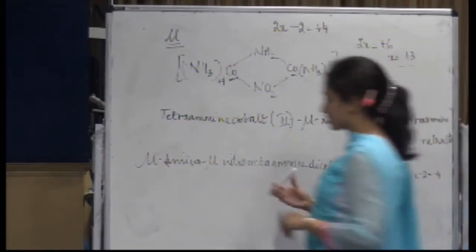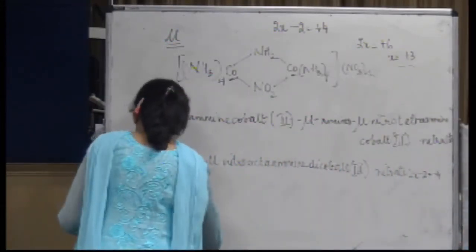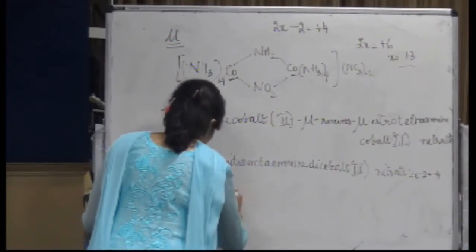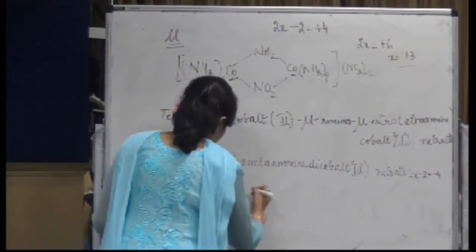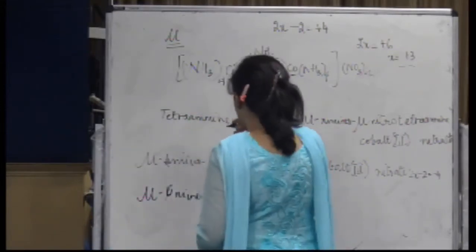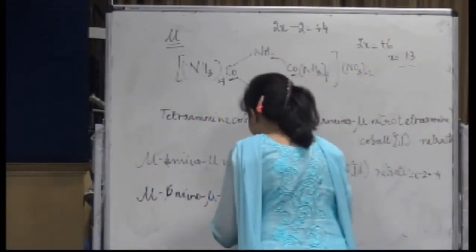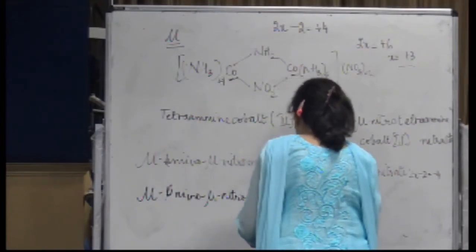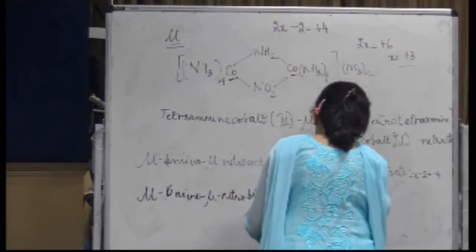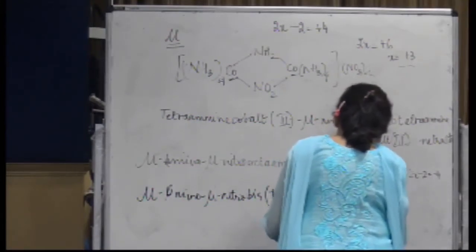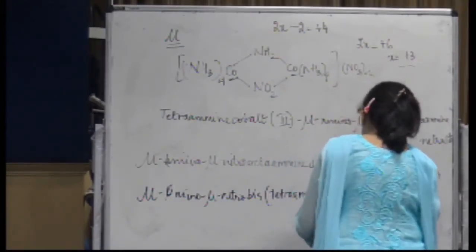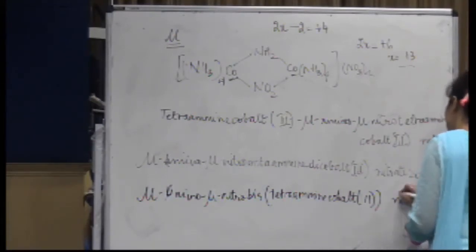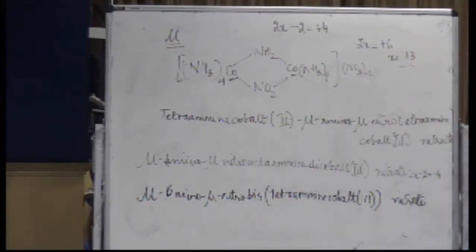And there can be yet another name which is given to it. That can be mu amino, mu nitro. This also I need to tell you. Bis tetraamine cobalt 3 nitrate. All the names are correct. In this case, all the names are correct.